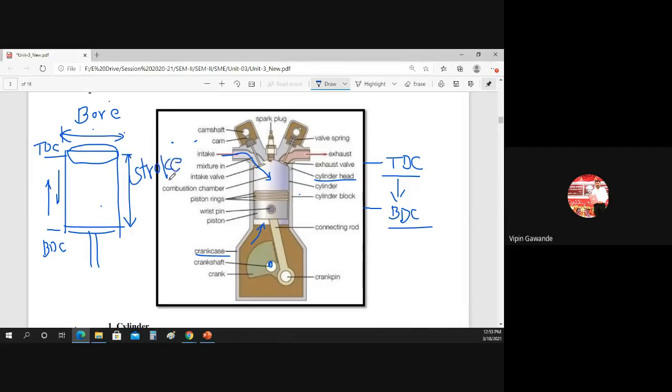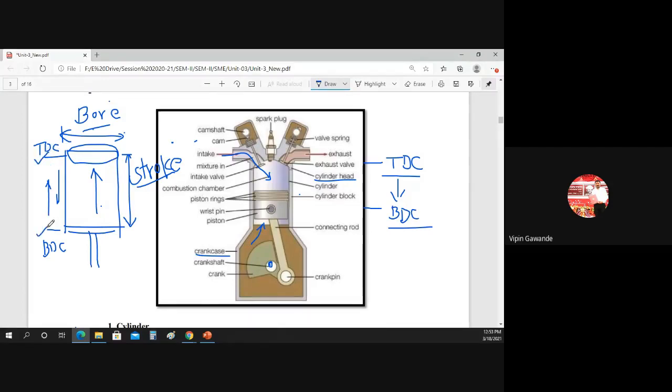We have seen in the specification they have given us the bore and the stroke. So what is meant by bore? Bore means the diameter of the cylinder. And what is meant by stroke? That is the maximum distance covered by the piston from bottom dead center to top dead center, or from top dead center to bottom dead center. That is the movement of the piston between these two locations.